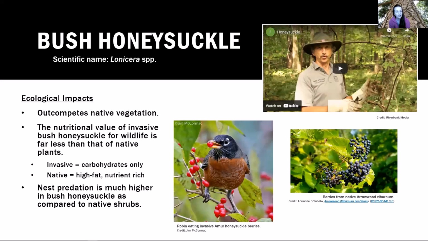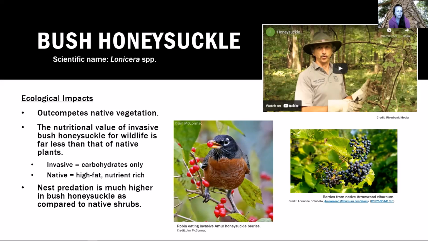So in this case, the berries that bush honeysuckle produces are full of carbohydrates that will fill up the animal, but it will not actually give them the nutrition that they need. A lot of times people refer to invasive fruit, like the berries of the bush honeysuckle, as junk food for wildlife.